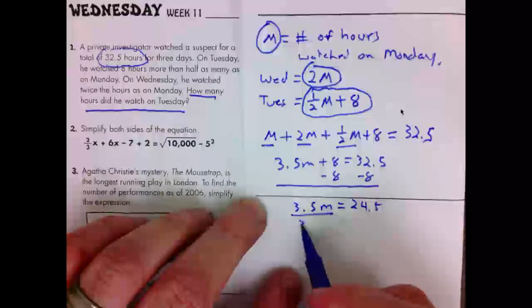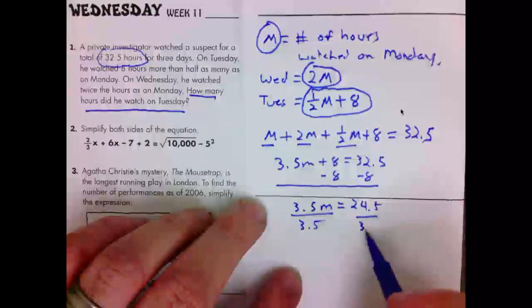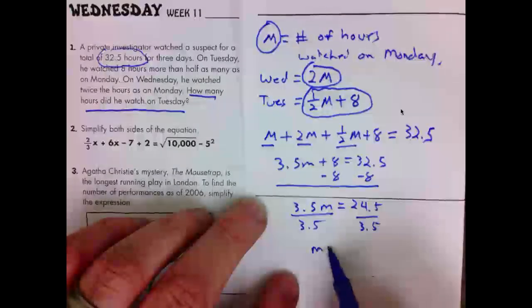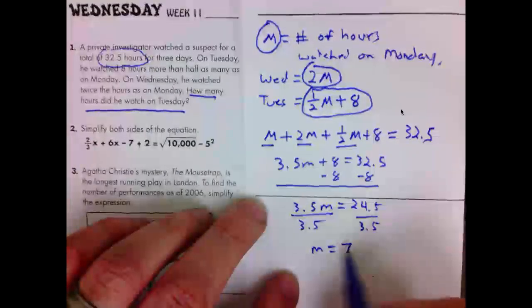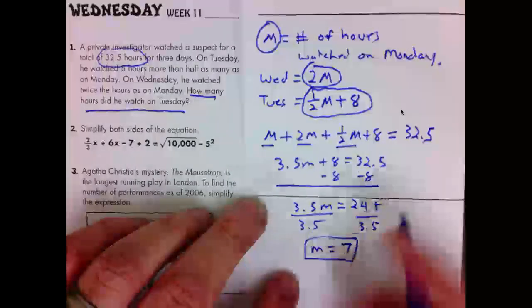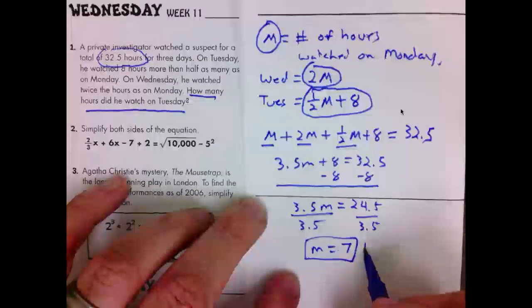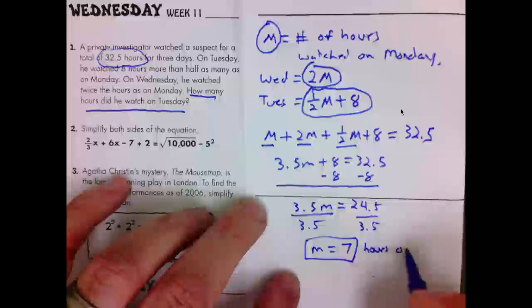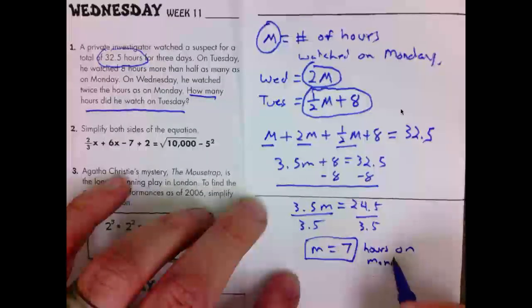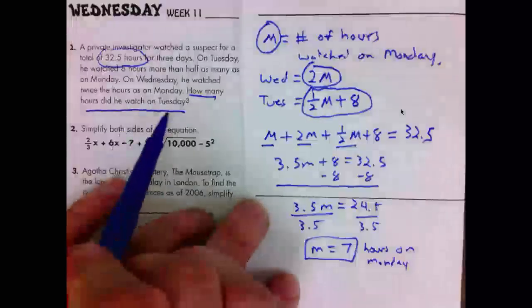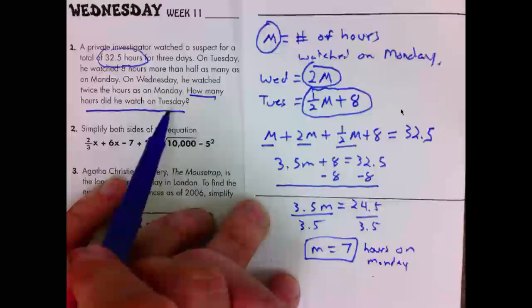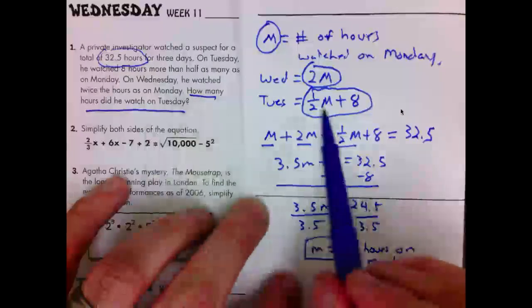And dividing by 3.5, M is 7. And M is the number of hours on Monday, 7 hours on Monday. But our question is asking us for how many hours on Tuesday. We will simply substitute 7 in for M here.